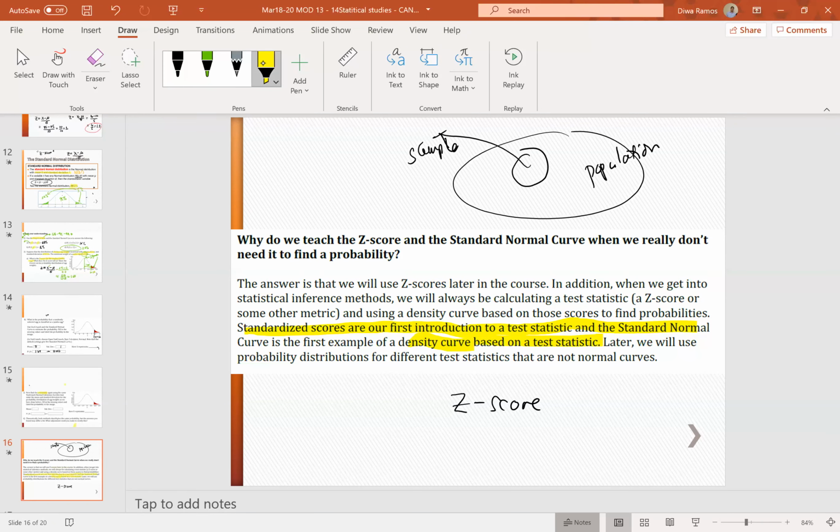Okay, so you could see when we have our standardized normal distribution, which is centered at 0, and a standard deviation of 1, any measurements that we find there is considered a test statistic when we convert it to z. Okay.